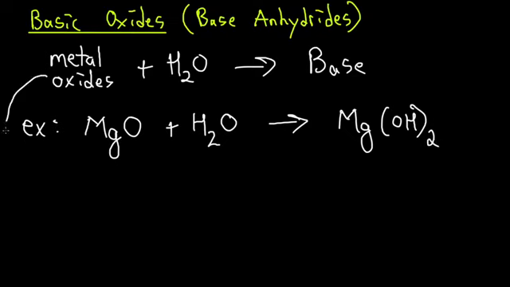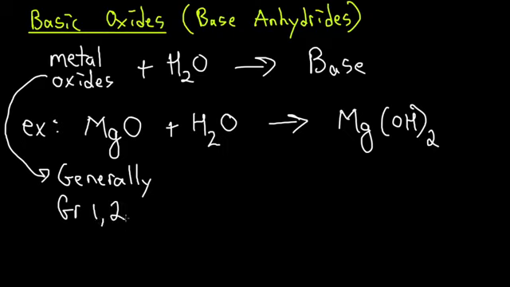So metal oxides are generally going to be the metals that will bond with oxygen from groups 1 and group 2.